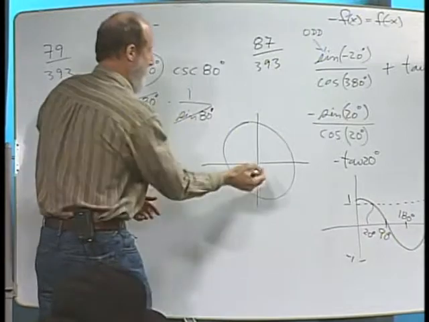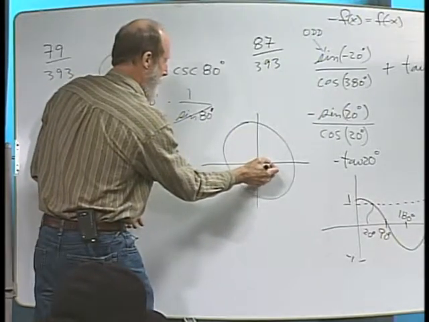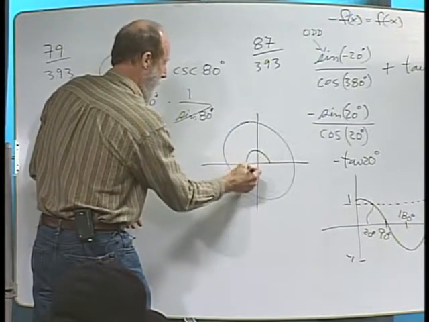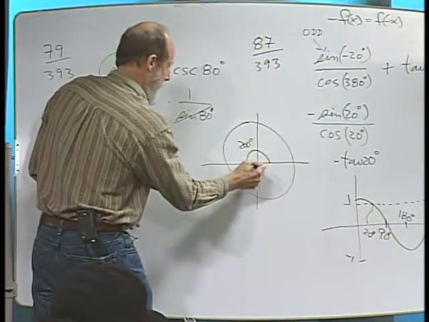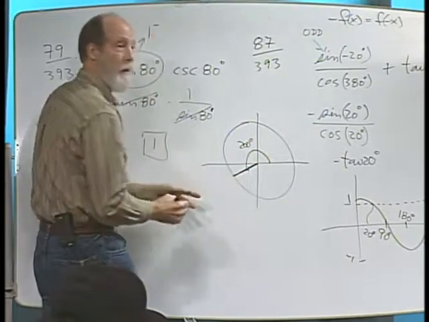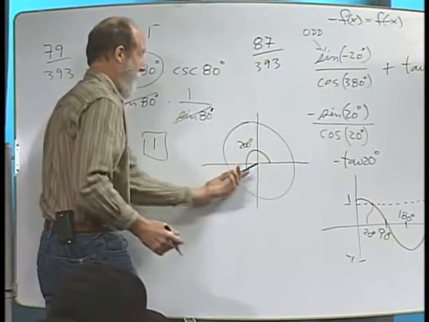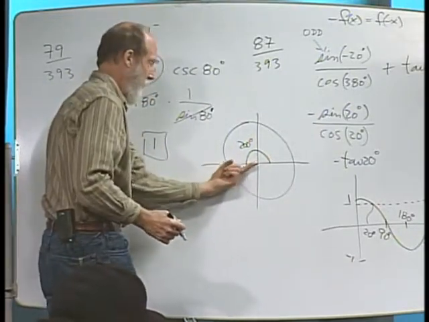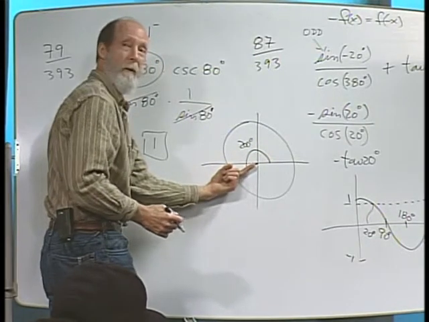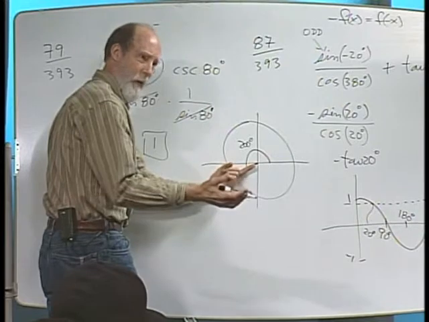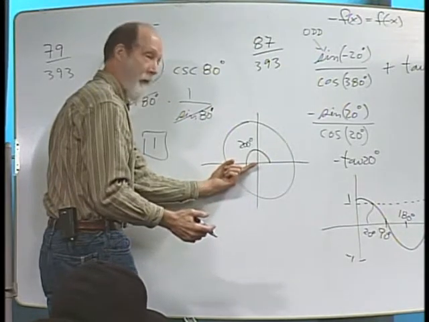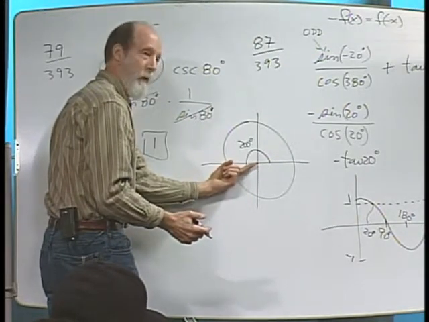Where does 200 degrees sit? Over here. 200 degrees is sitting over here, isn't it? And I've talked about the terminal side. This is the terminal side where my finger is. And that terminal side's slope is a nice way on the unit circle to think of the tangent, is the slope right there, isn't it?